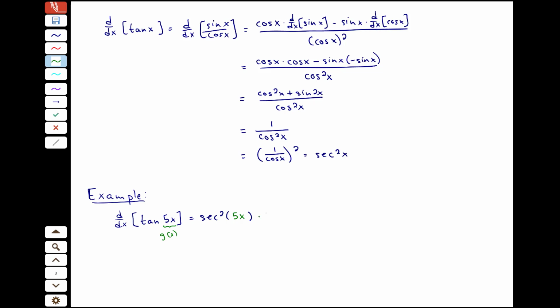And then we multiply by the derivative of 5x, which is 5. So writing this in a simplified form, we have 5 secant squared 5x.